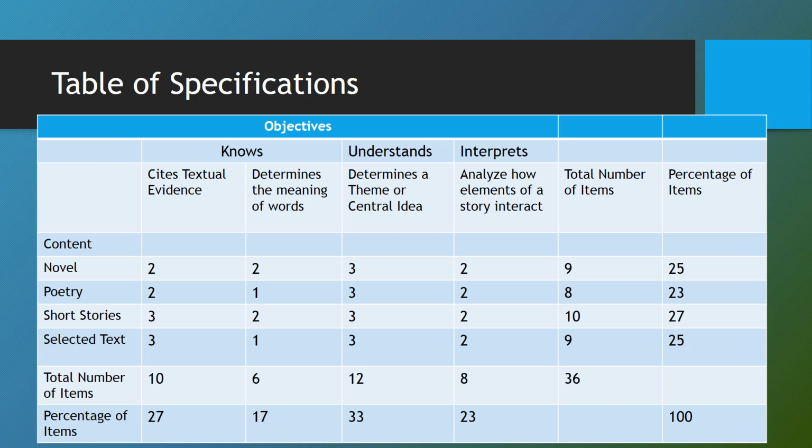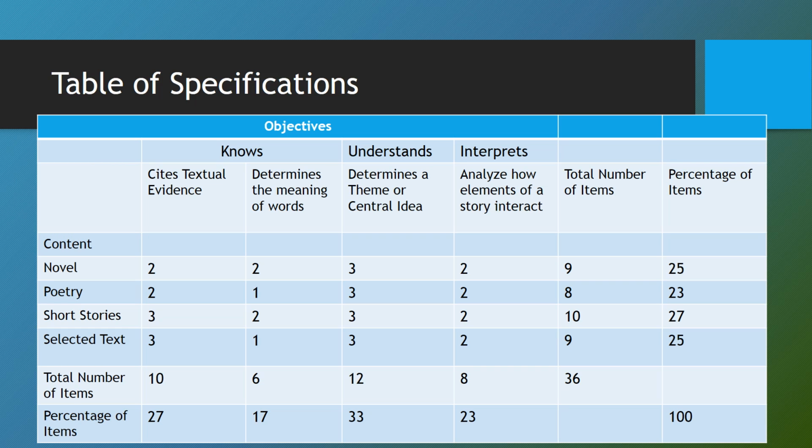So you can easily take a look and see, oh wow, this teacher spent 33% of the time determining a theme or central idea. So 33% of the assessment should go along with determining a theme or central idea. And then followed by citing textual evidence, analyzing how elements of a story interact, and then finally determining the meaning of the words.